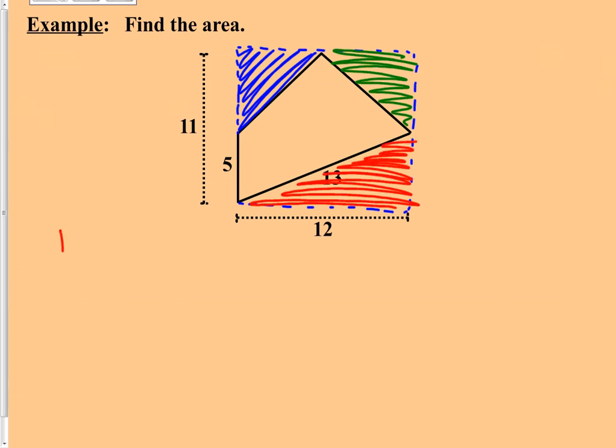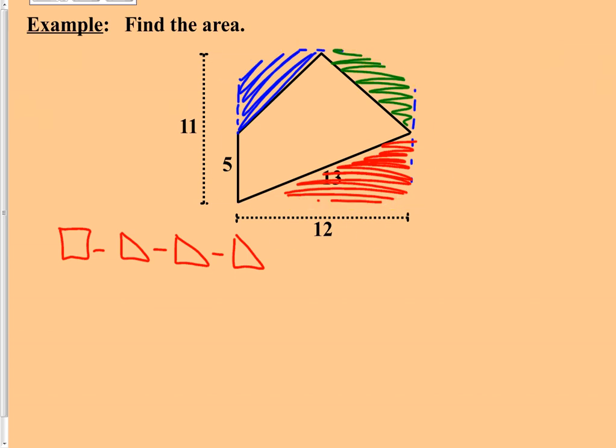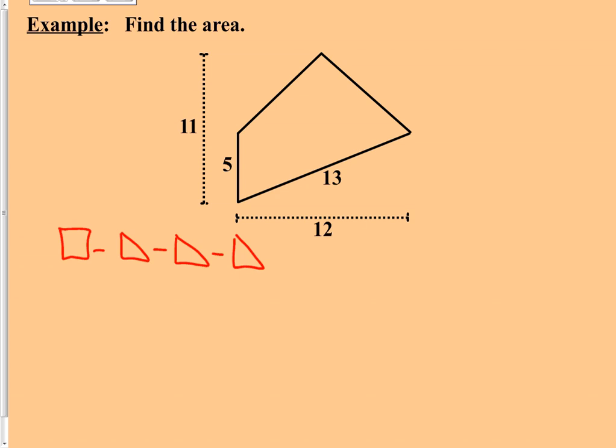And if we do that, square minus triangle minus triangle minus triangle, we will most likely get to the answer. However, that is going to be several formulas, so we might want to think about an alternative way. Maybe we can look at two or more shapes that are being added together.